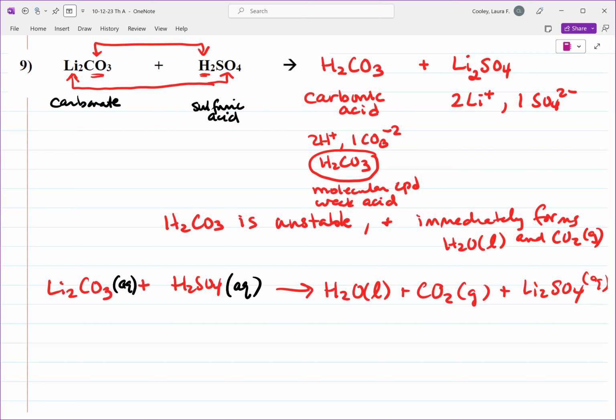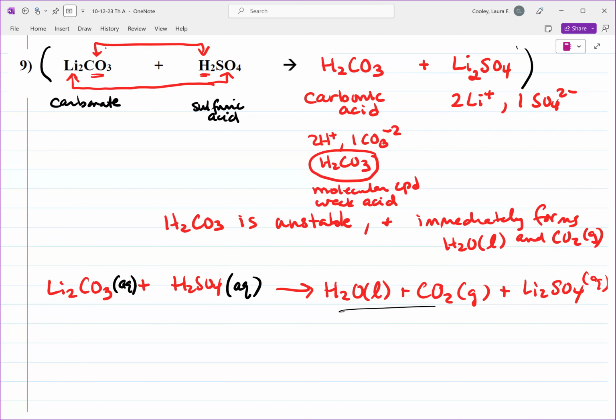Okay, so is this balanced? Here's a trick for you. What I do is I always balance it by looking at this version of the equation, before it breaks up to H2O and CO2.